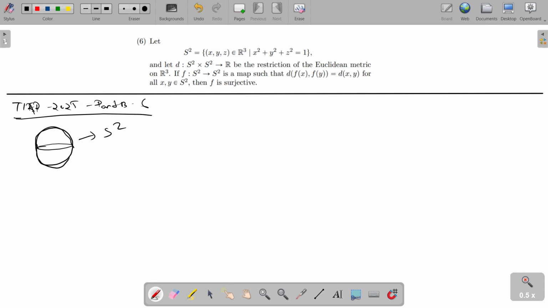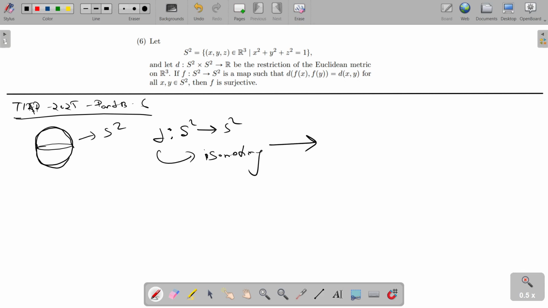So basically we have the usual Euclidean metric on R cube and we have restricted it to the sphere. And it says that if f is a map from S square to S square such that the distance between f(x) and f(y) is nothing but the distance between x and y, then basically f is an isometry.